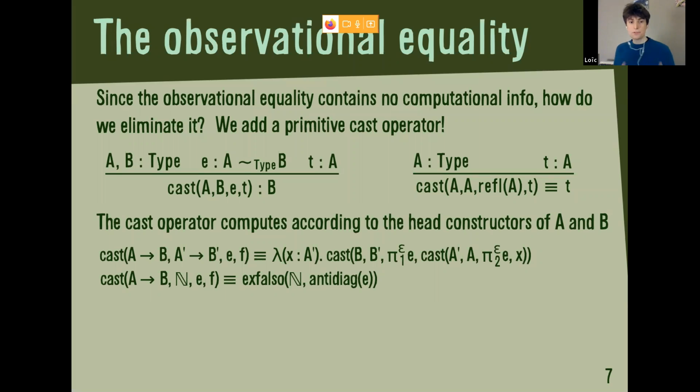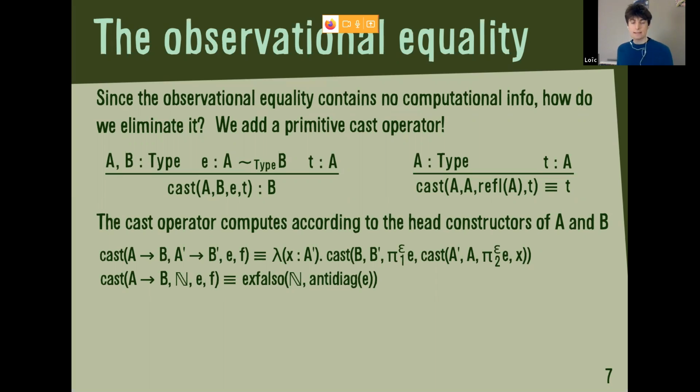And with all of that, it will provide an inhabitant of B. Since it cannot compute on the witness of equality, since this is a strict proposition that does not contain any information, it will instead compute by inspection on the types A and B, more specifically according to their head constructors.